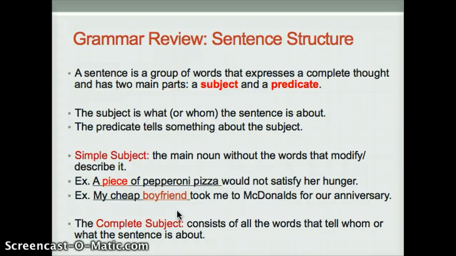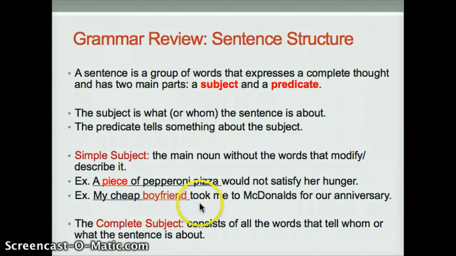So some of us would want to highlight the word pizza, but it's actually the piece of pizza that is being discussed. And then the second one, my cheap boyfriend took me to McDonald's for our anniversary. Here it is the boyfriend, who is doing the action of the sentence, which is taking the person to McDonald's.